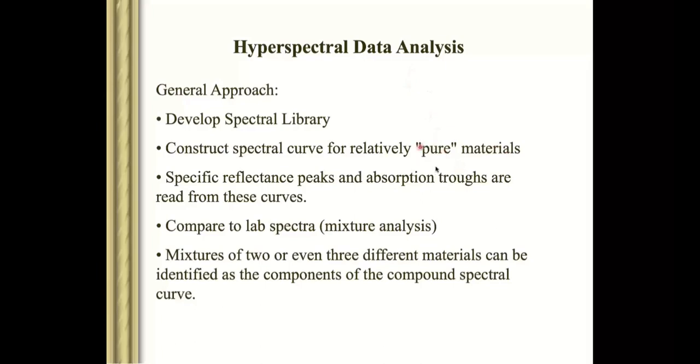So first, what we do, we take a pure form of that mineral. Like, what is the signature of calcite, calcium carbonate? In the lab, you can synthesize that calcium carbonate mineral, take it in powder form, put it on a plate, and then take a hyperspectral radiometer reading.